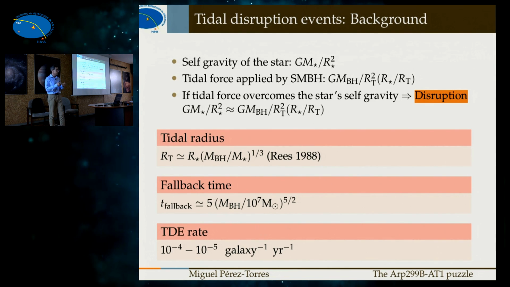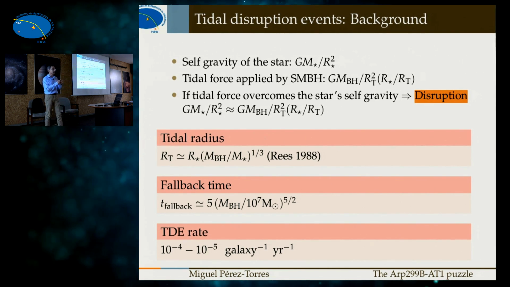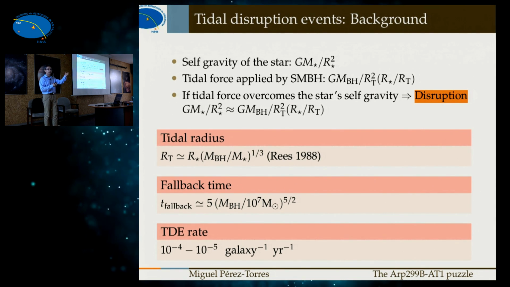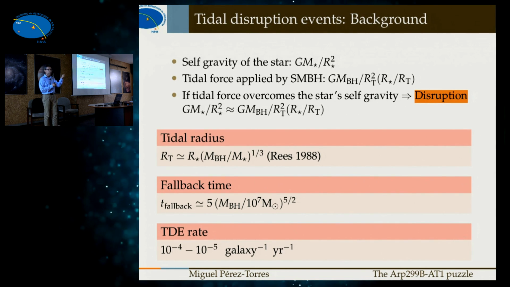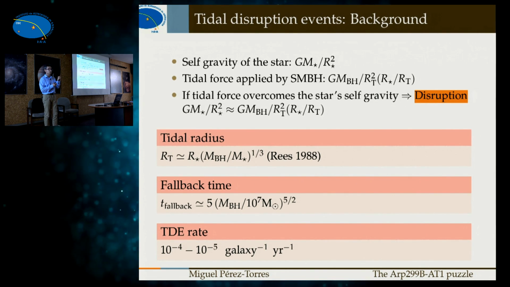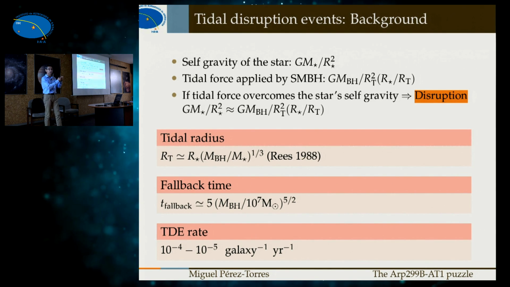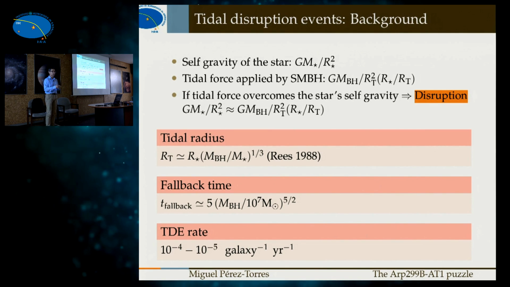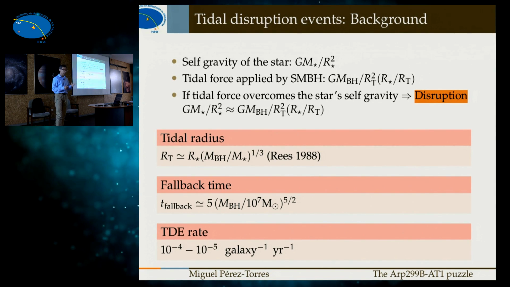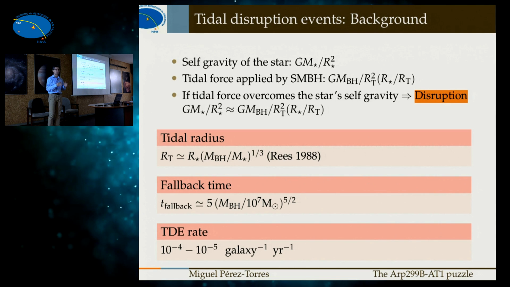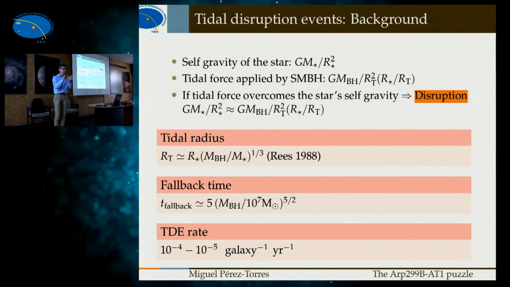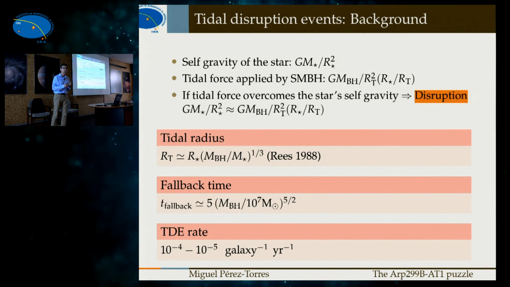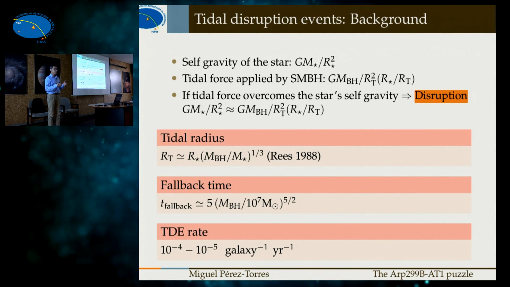The star cannot be assumed to be just a point-like source; the supermassive black hole pulls more strongly on the closest side of the star than on the farther side, and that big difference eventually makes it fall in. The tidal radius, which is the main reference distance, depends on the mass of the supermassive black hole and the radius and the mass of the star.